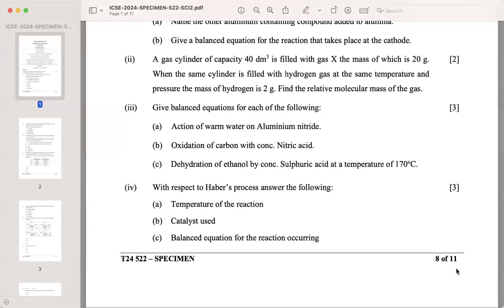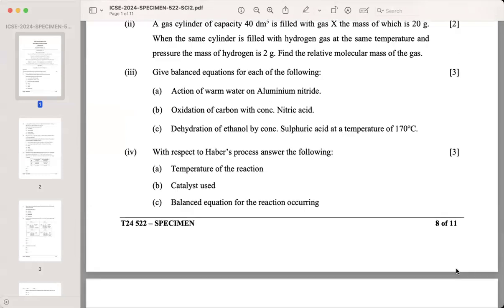Part C, dehydration of ethanol by conc sulfuric acid at a temperature of 170 degrees centigrade. It will be C2H5OH. On the arrow, you will write conc H2SO4, and below the arrow, you will write the condition 170 degrees centigrade, giving C2H4 plus H2O.